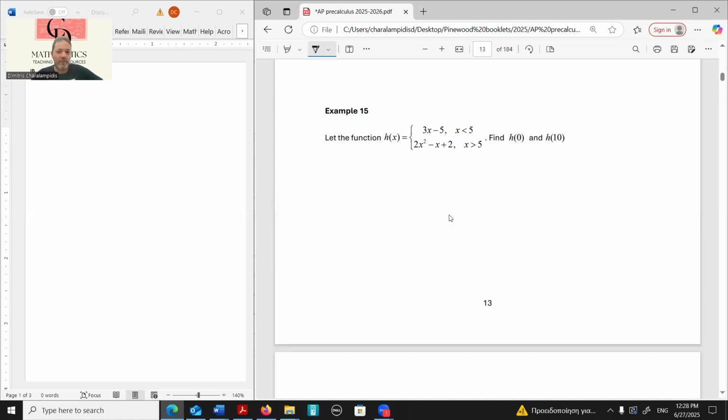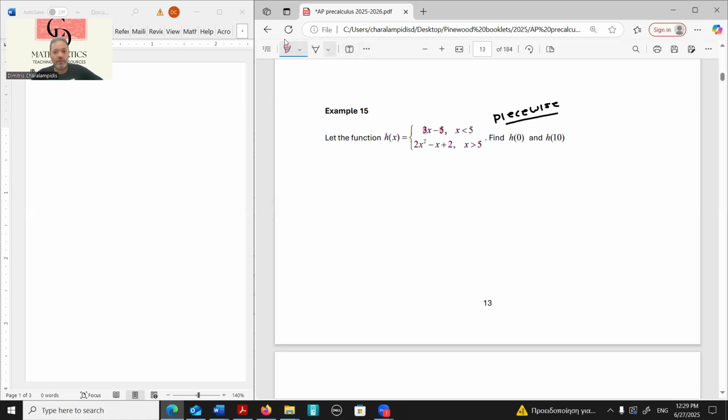Example 15. Let the function h of x equal... Hold on. What do we have here? Do we have two different formulas? Yes. This is called a piecewise function. In such functions, we just need, firstly, to understand what it is about. H of x is 3x minus 5.